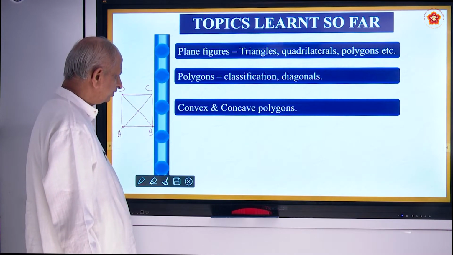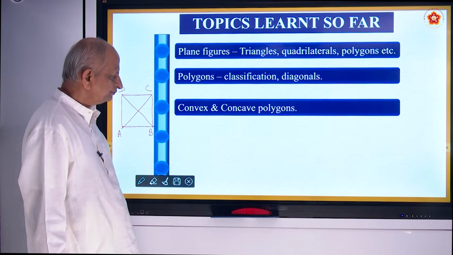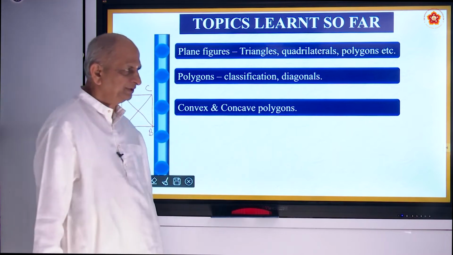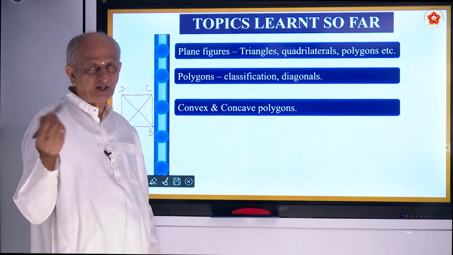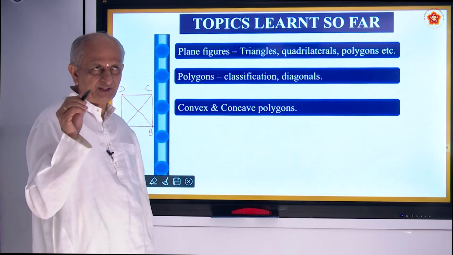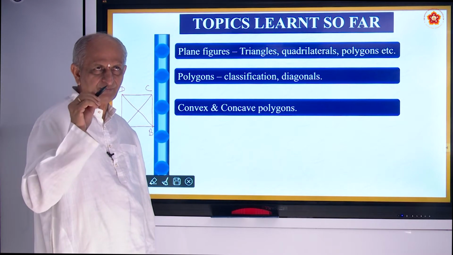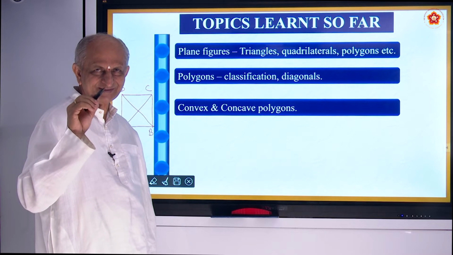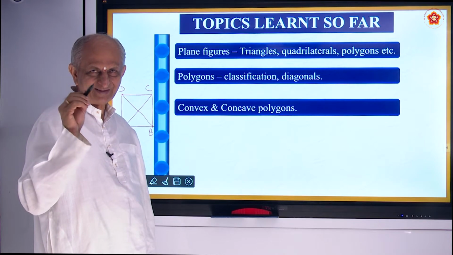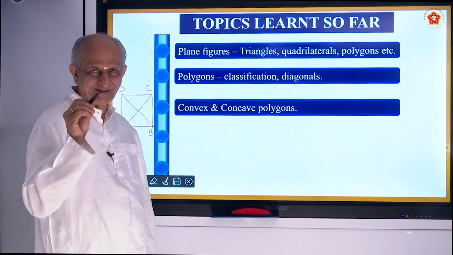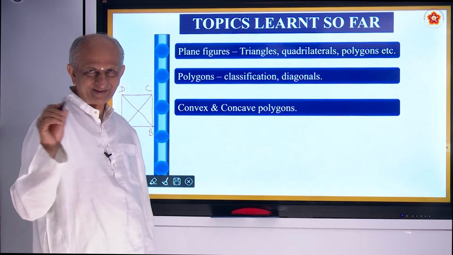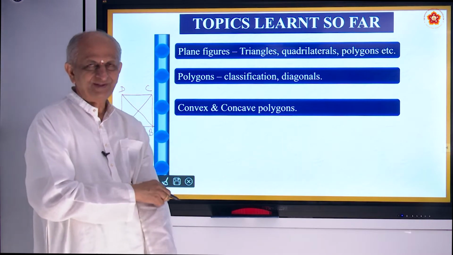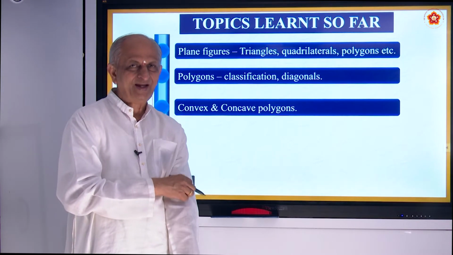We have also seen convex and concave polygons. When you say polygon, it starts with 3 sides onwards. 3 sides is called a triangle. 4 sides is known as a quadrilateral. 5 pentagon, 6 hexagon, 7 heptagon, 8 octagon, 9 nonagon, 10 decagon, and so on. 12 dodecagon, 20 icosagon.